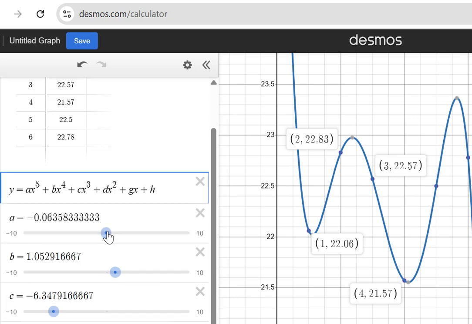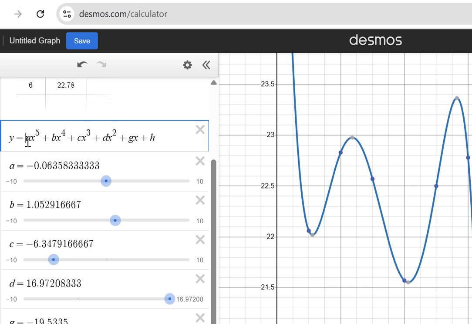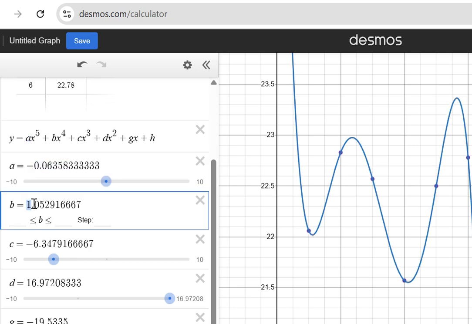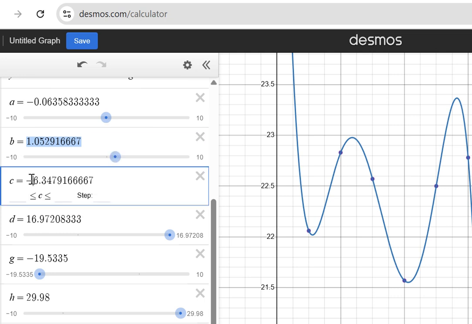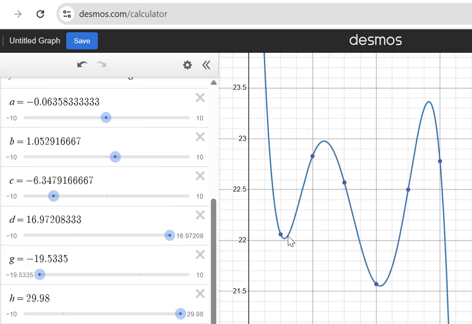So as you can see, we have our equation, which is ax to the 5th plus bx to the 4th, cx to the 3rd, so on and so forth. And for each of these constants, I just put in the values that I solved for using the matrices. And as you can see, we do indeed have an equation that hits all of those points.